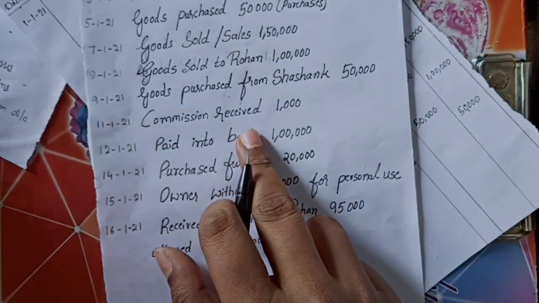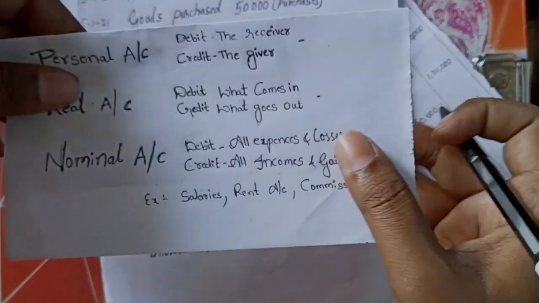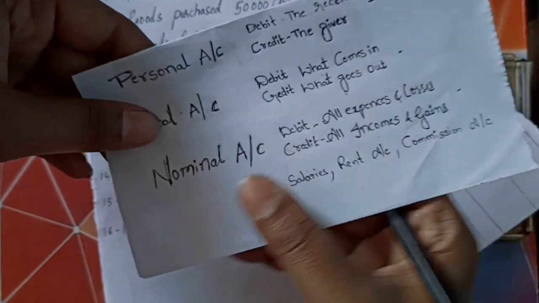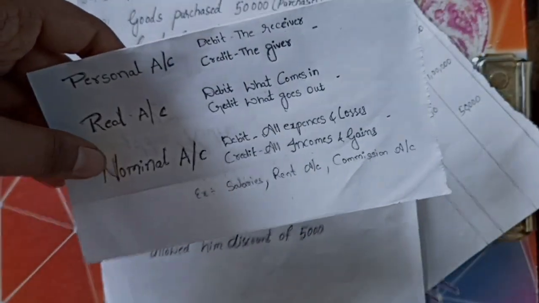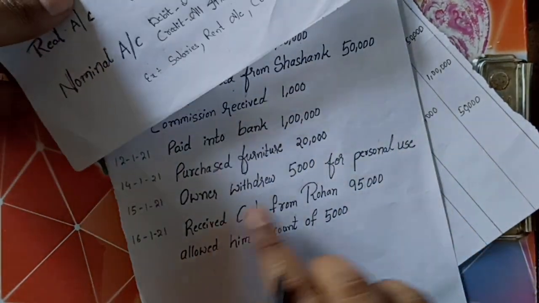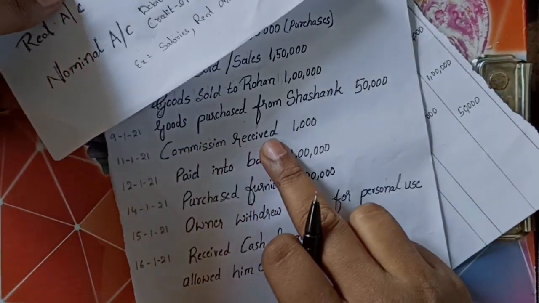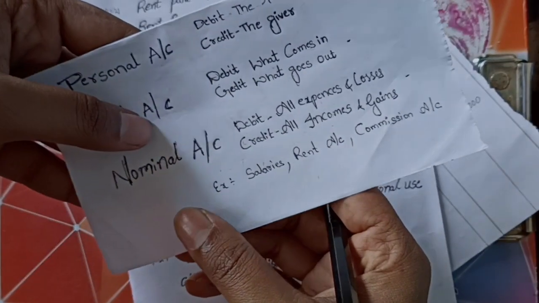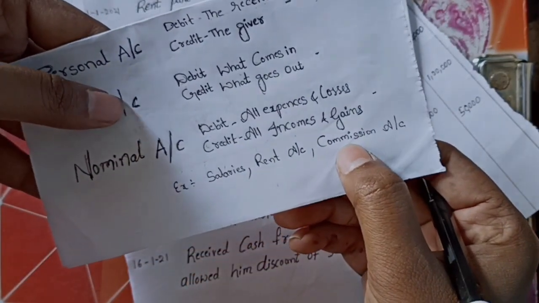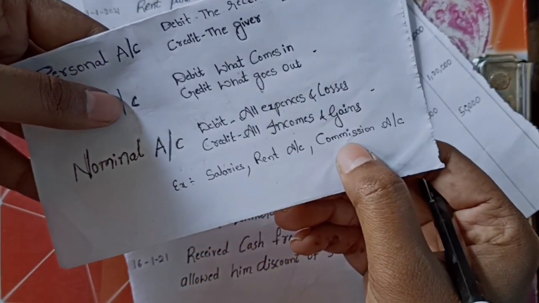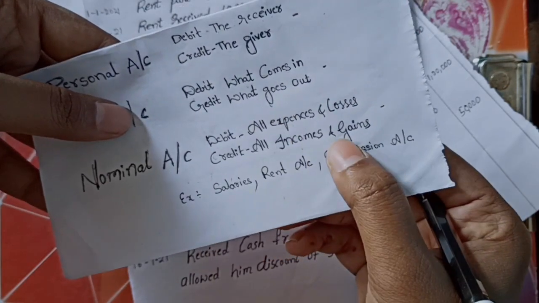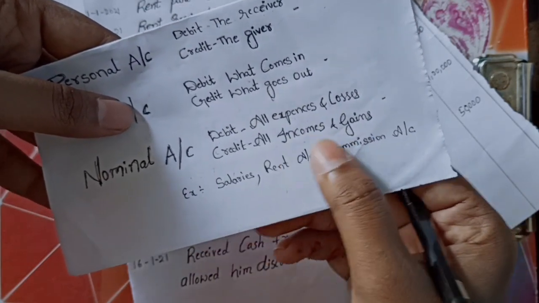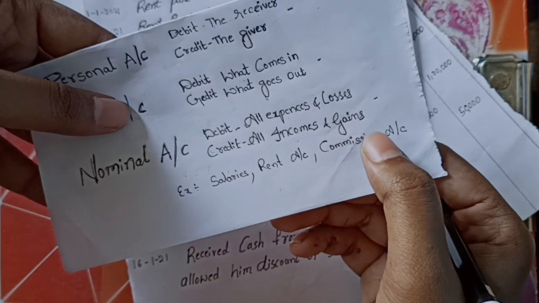Next one, commission received. What is commission? According to the nominal account rule, commission comes under gains, incomes and gains. Commission is a type of income.